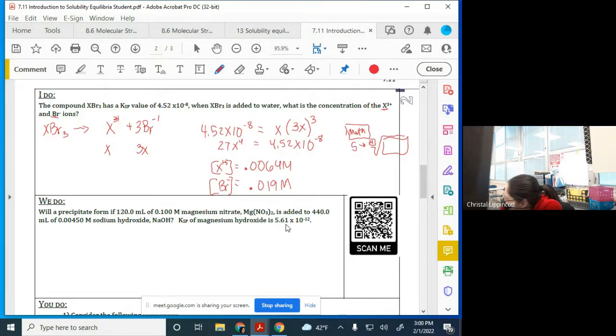Were you able to get that to come out in your calculators? Is it making sense algebraically? All right.